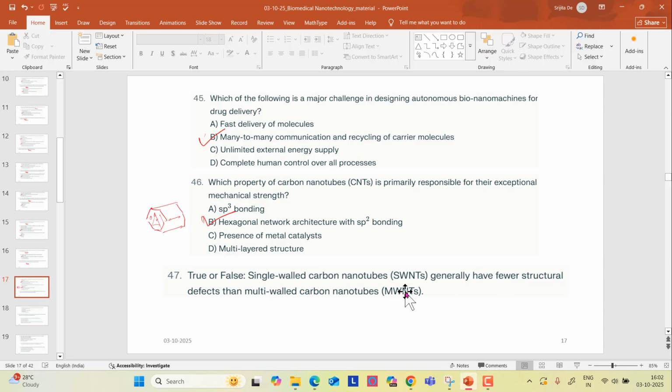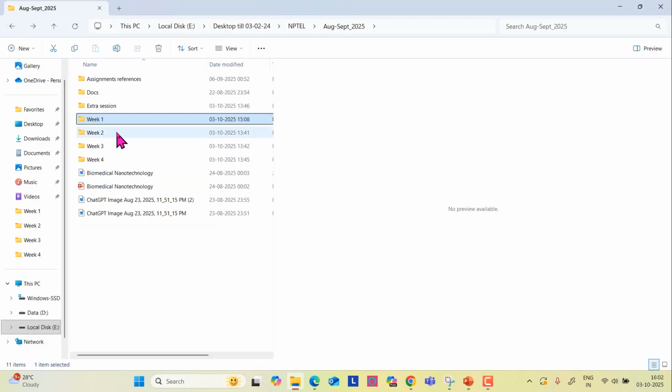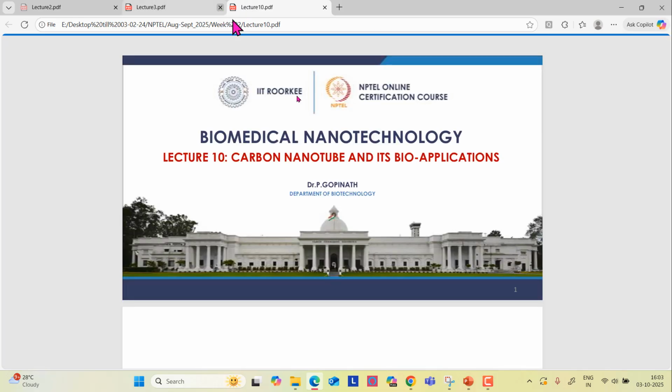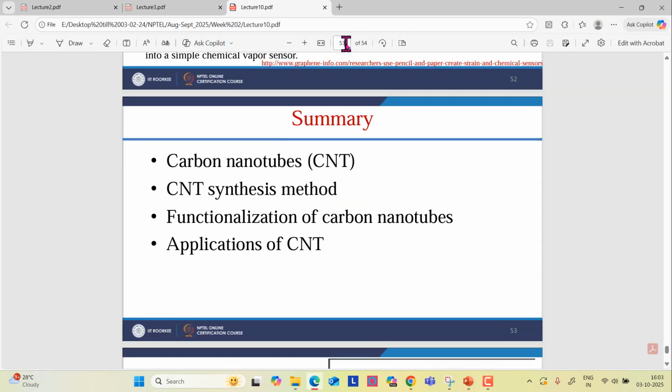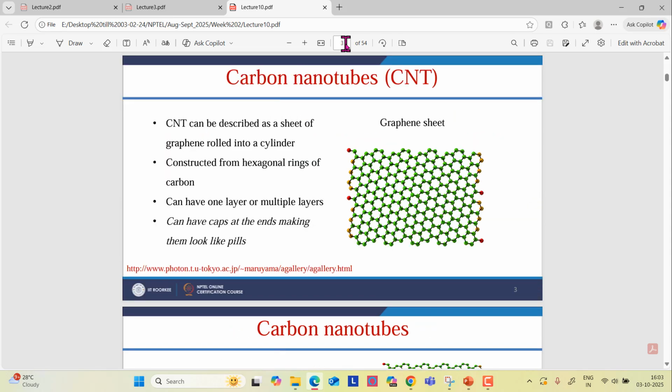Single-walled carbon nanotubes. Let's find the carbon nanotubes first. So these carbon nanotubes are a sheet that is rolled into a cylinder type.